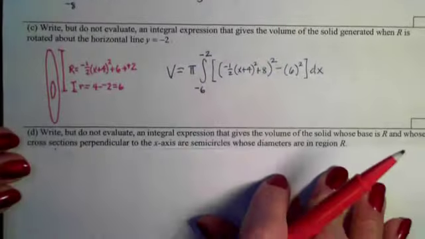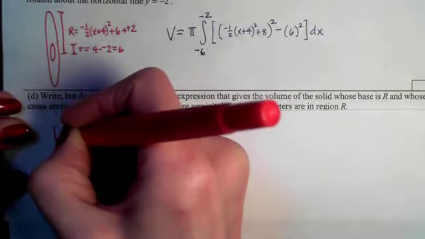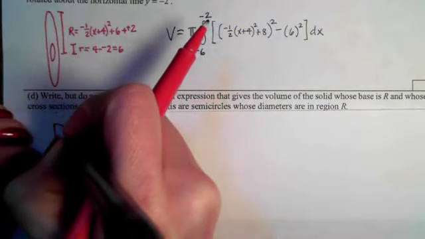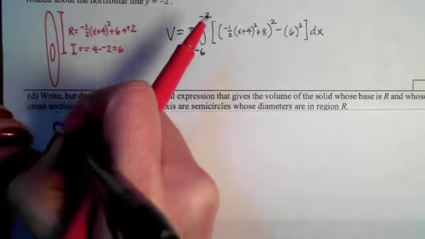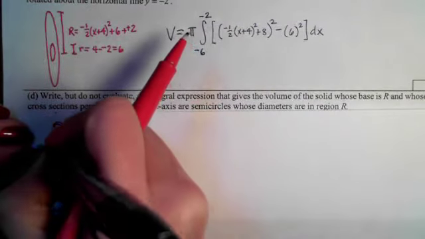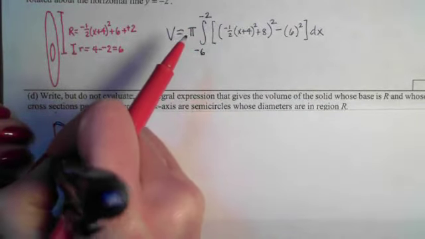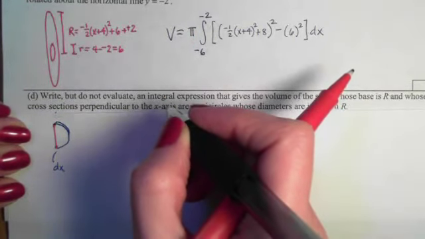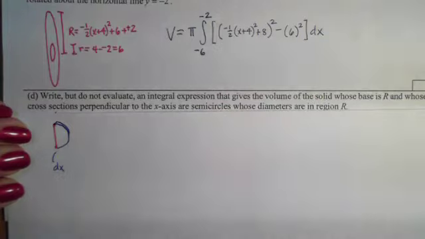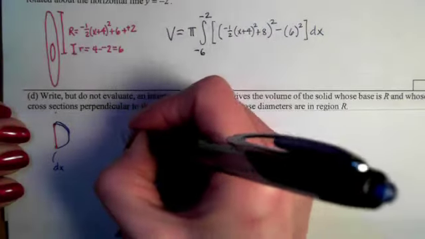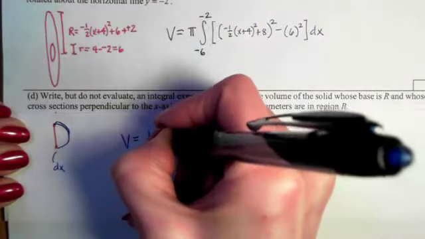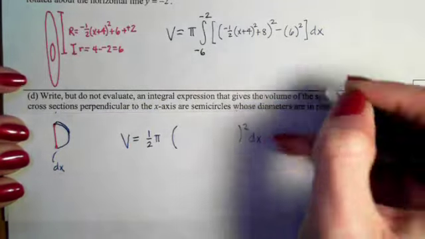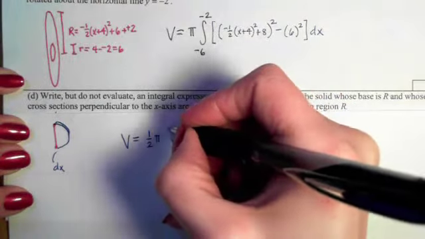So if we look at part D, we could draw that sample strip which has a semicircular shape with a hair of thickness. Its thickness is going to be a dx, and its diameter is going to be that length of the strip from up in part A. So we can set up our volume will be 1/2 pi times the radius squared times the thickness, and we're going to sum them all up.